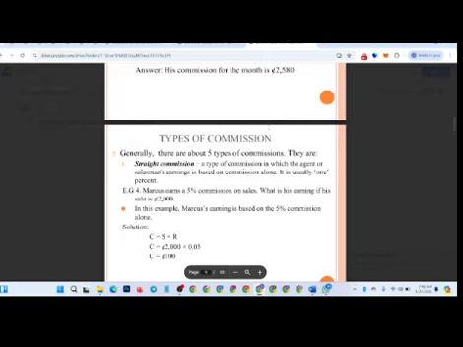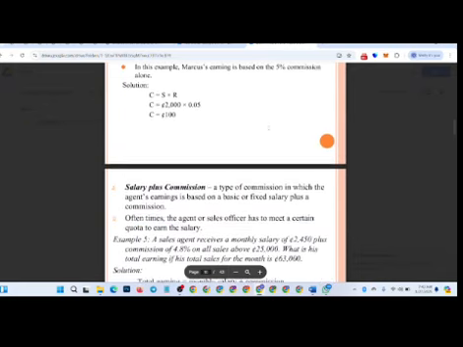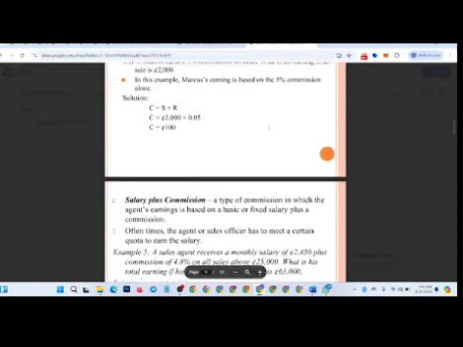What is his earning if his sale is 2,000? So you just calculate 5% of 2,000, which is written as 5/100, which is 0.05 times 2,000, which is 100.